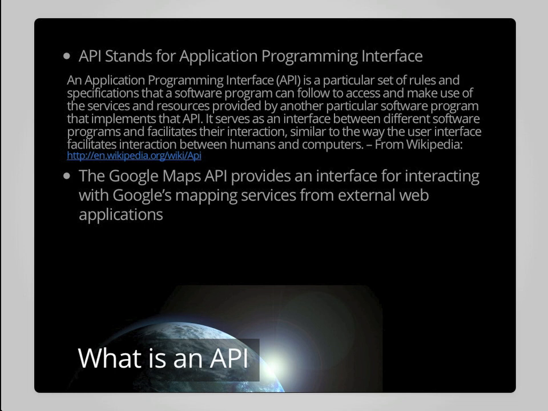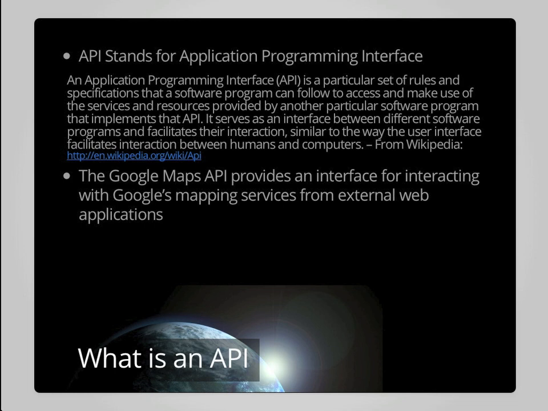So you could think of it as a complement to the human interfaces that we are more accustomed to working with in terms of web applications. So an application programming interface provides the machine-to-machine communication between components, in this case, on the internet.